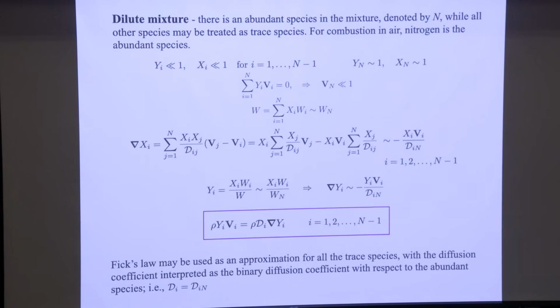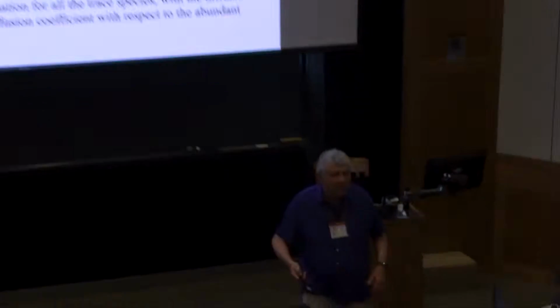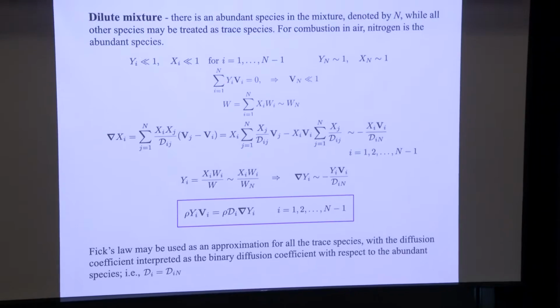We are going to use, in the discussion this week, a simpler version, because we are not going to deal with very complex chemistry, but only with a simple global reaction. And we're going to use what is often referred to as a dilute mixture.